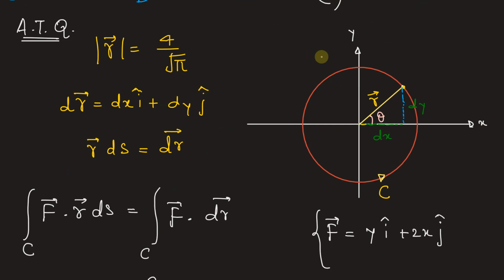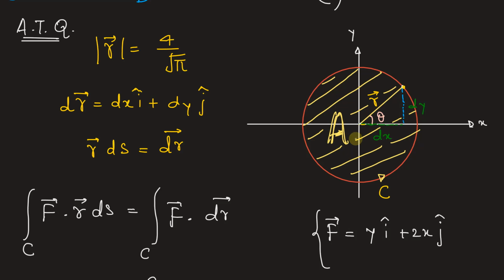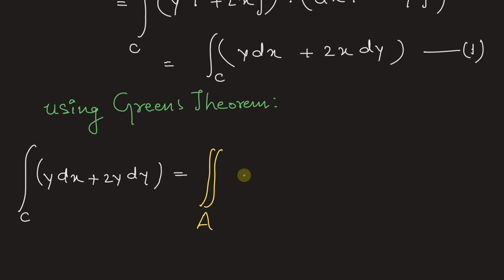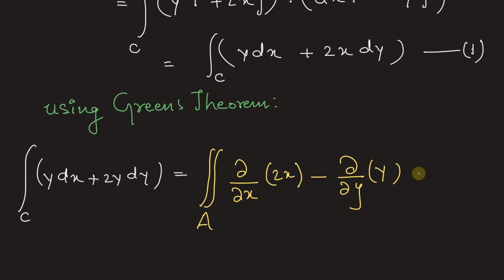So the shaded area here is A, as already explained in Green's theorem. We can write it as partial derivative with respect to x of N, which is 2x, minus partial derivative with respect to y of M, which is y in this case, into dx dy.